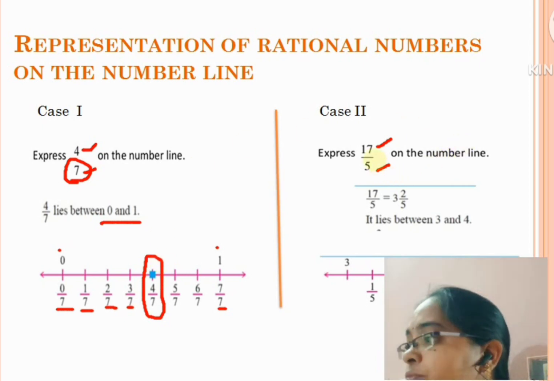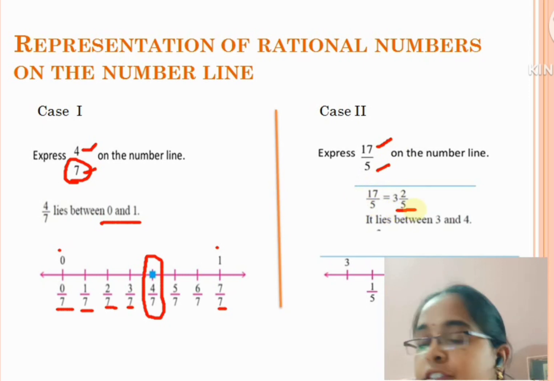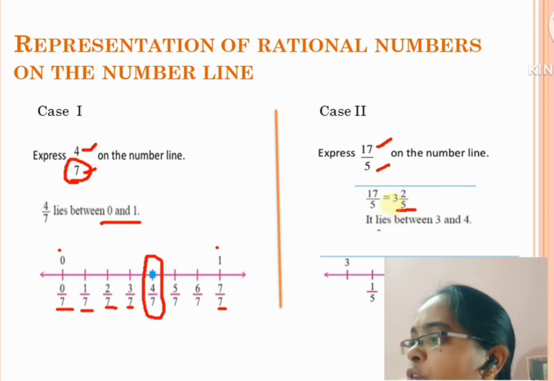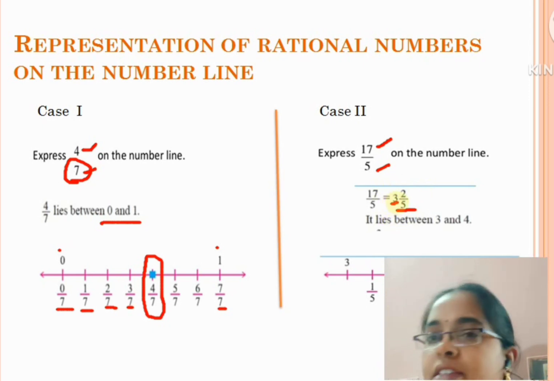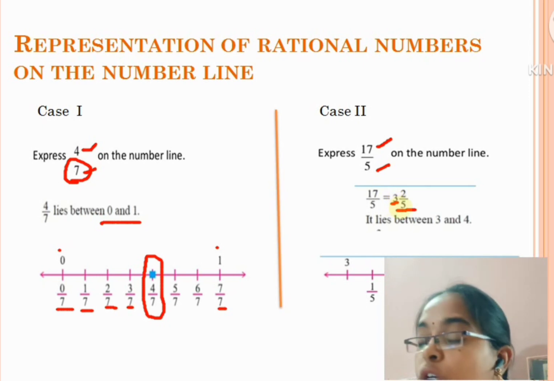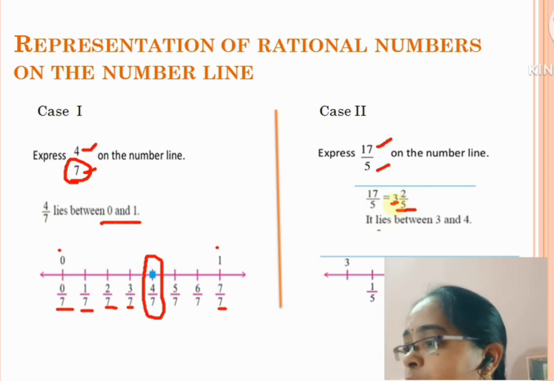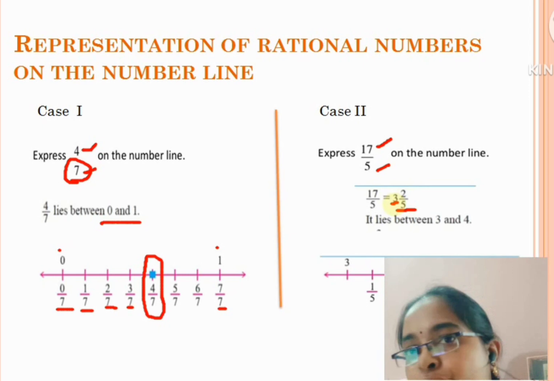Now see the second case: the numerator is greater than the denominator. Then we need to convert that rational number into a mixed fraction. After converting the rational number into a mixed fraction, observe what the whole part is. 3 is the whole part in this mixed fraction. So this number comes between 3 and the next whole number 4.